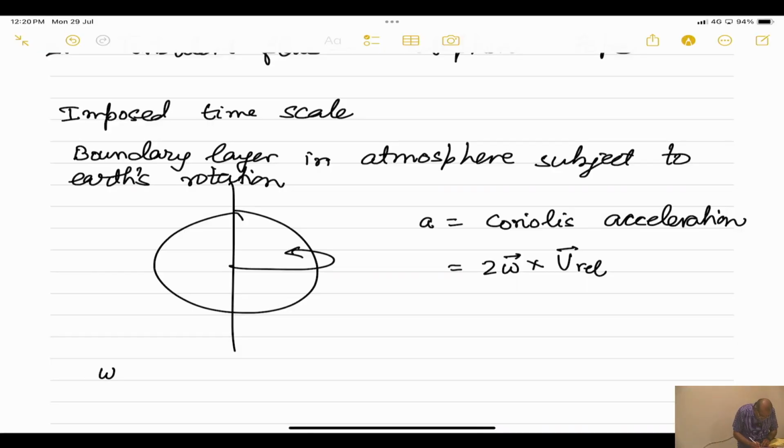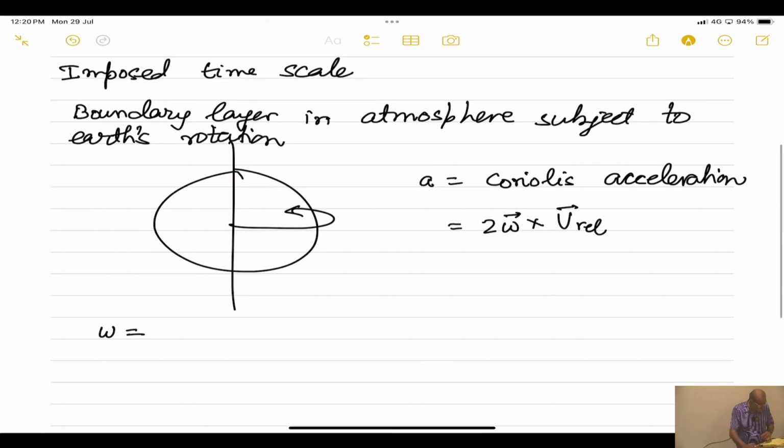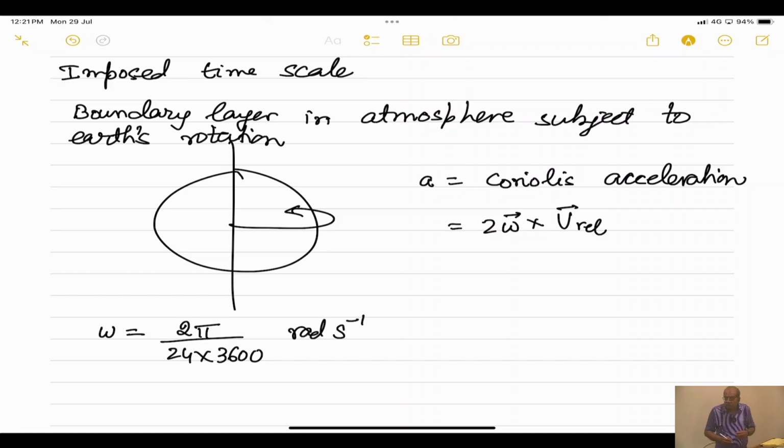So the order of magnitude of omega, this is the physical quantity which we have, the Earth's rotation. So what is omega? Omega is equal to 2 pi divided by 24 times 3600. I am sure everybody knows how we get 24 and 3600.